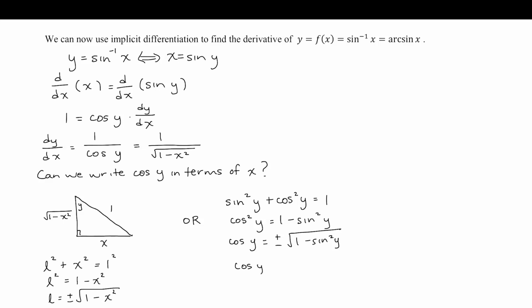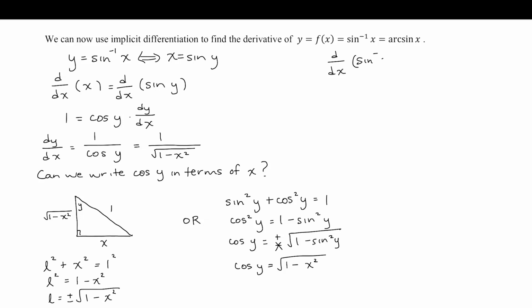But I can substitute for that, because the sine of y is x, and again I'm eliminating the negative square root because it's not a valid solution here in this case. Substituting for sine squared of y, again, from the very beginning, the sine of y is equal to x, so I can substitute x for sine of y, and the square there, sine squared y, means I have to take the sine of y and square it. So I could come at it from that angle too.